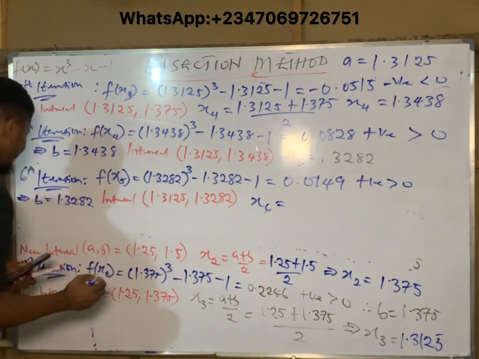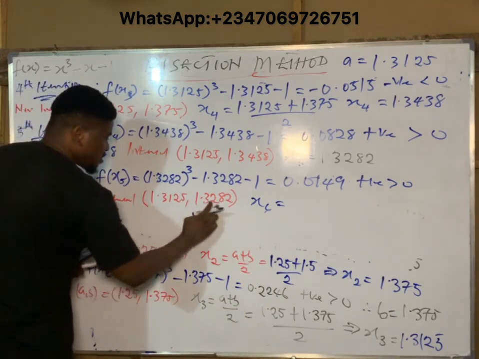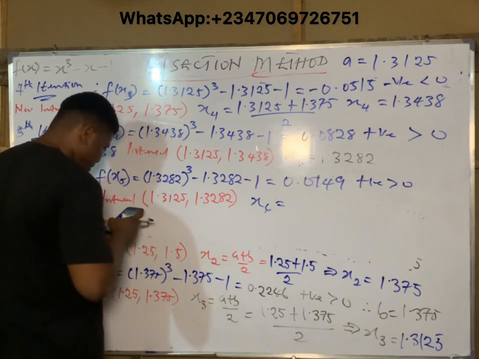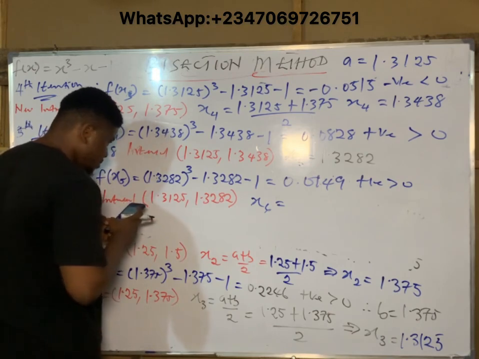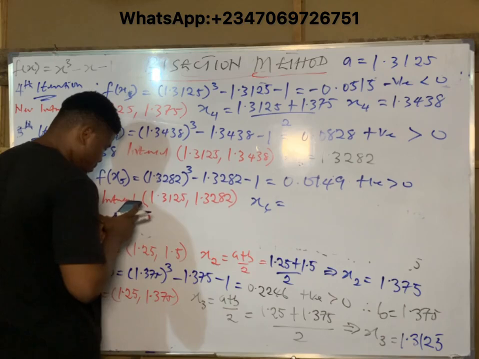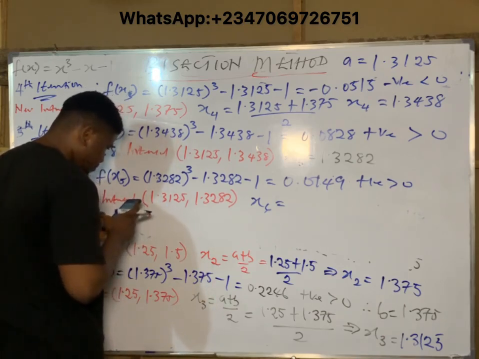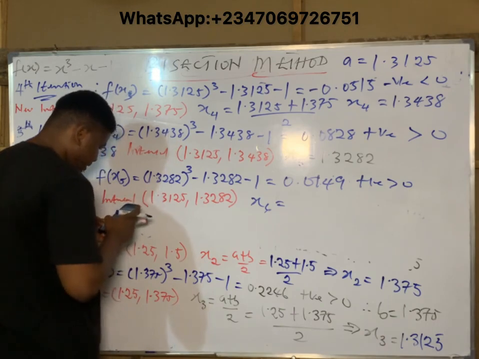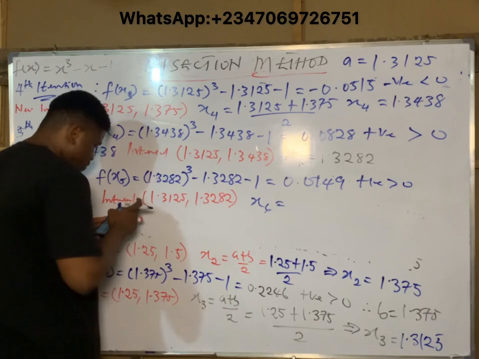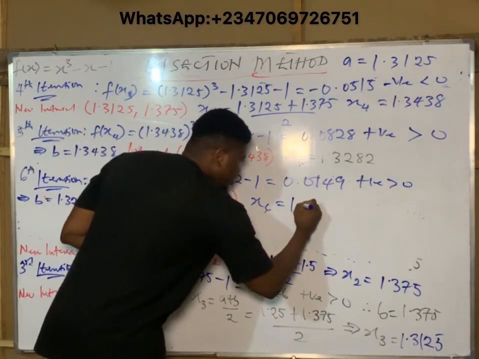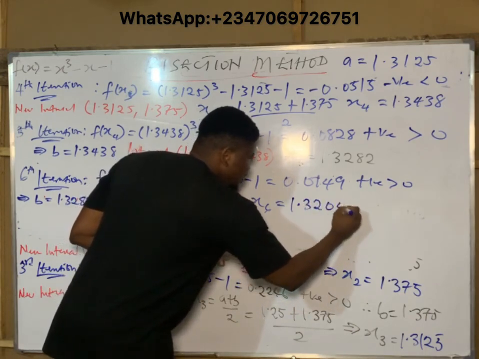x6 is to sum these two and divide by 2. So let's simply sum 1.3125 plus 1.3282 divided by 2. That gives us 1.3204 approximately. So x6 is 1.3204.